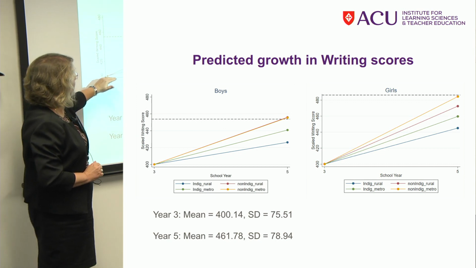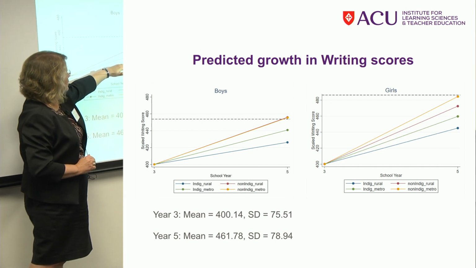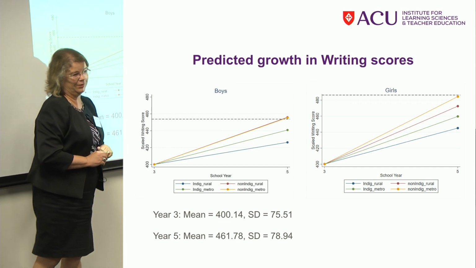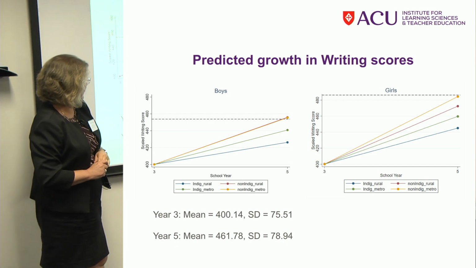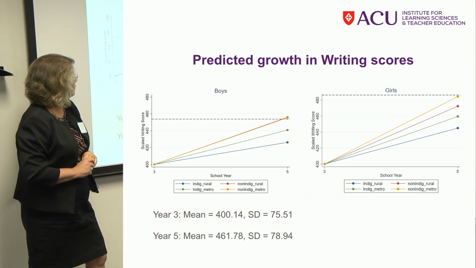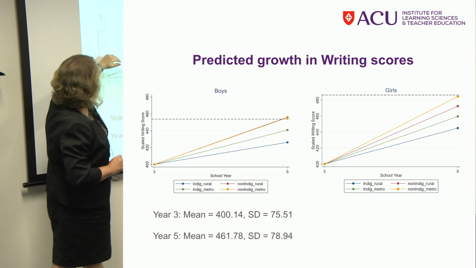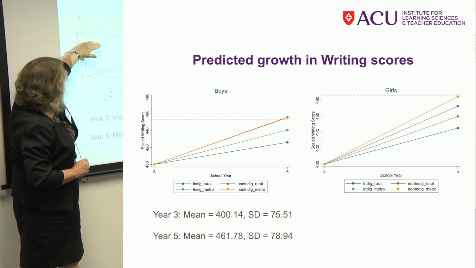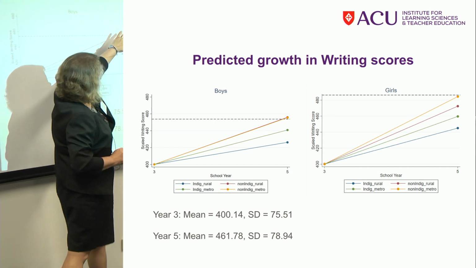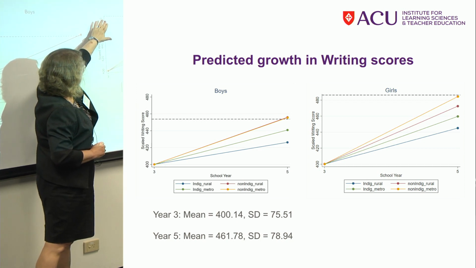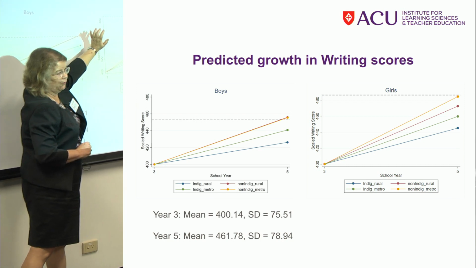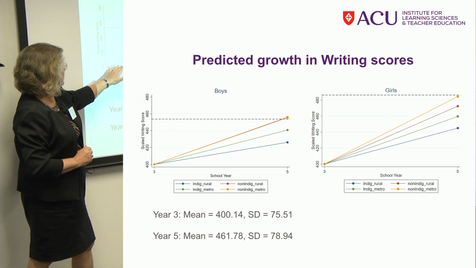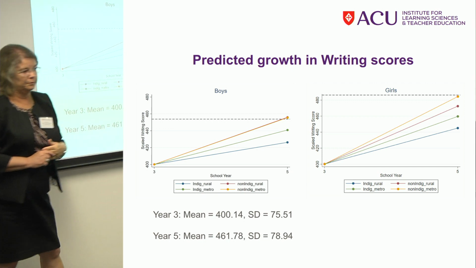So the rate of growth differs more for writing for these different groups, if that makes sense. And you can see that the mean of the writing score in Year 5 is higher for girls than boys, and these are the growth patterns for boys and girls.